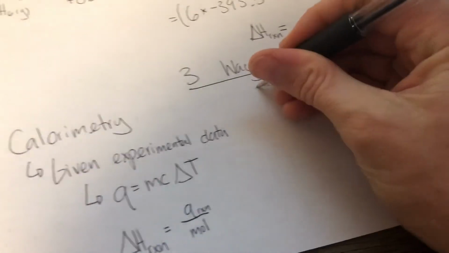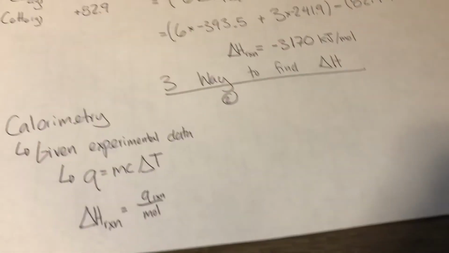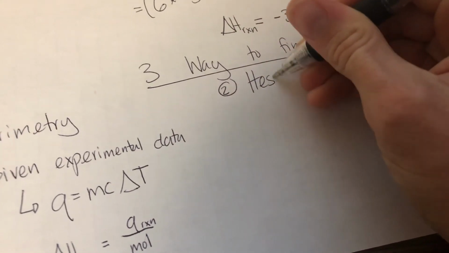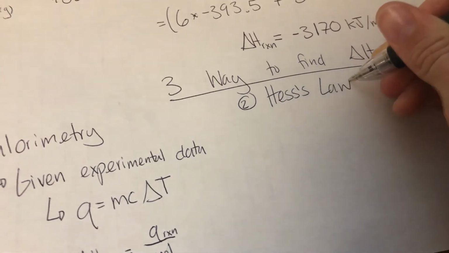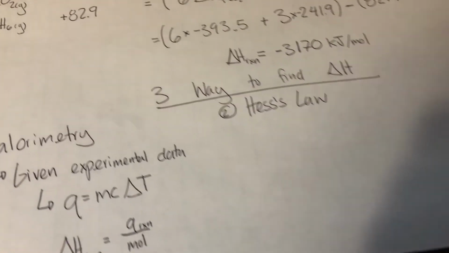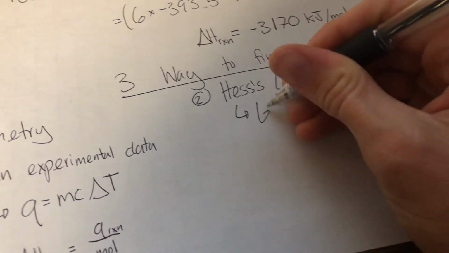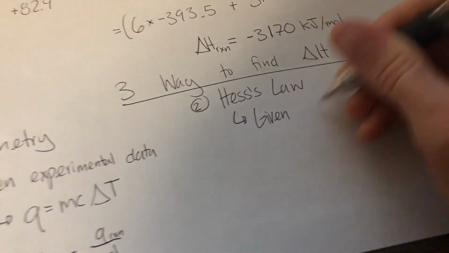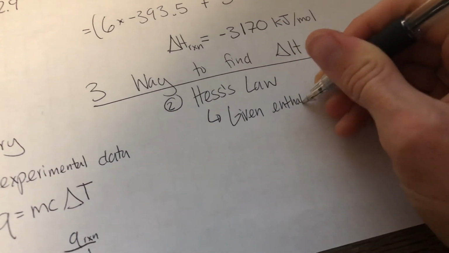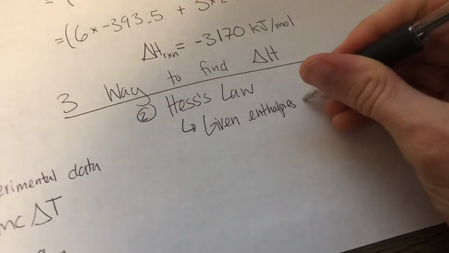Okay? Second way in which delta H can be found is through Hess's law. With Hess's law, the thing that would be given is enthalpies of reactions.